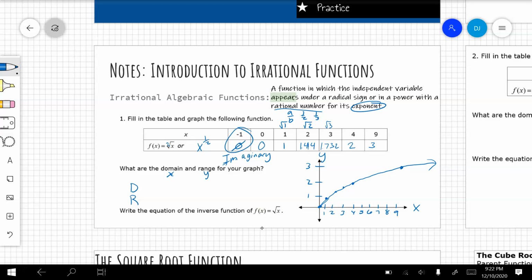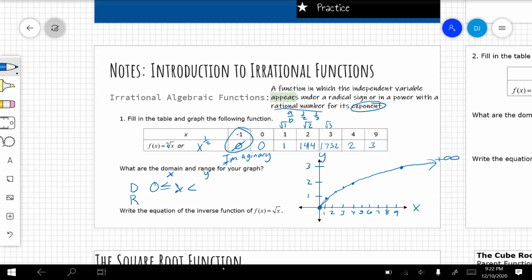Now, when we're looking for the domain and range, we want to look for the lowest x value to start off. Our lowest x value in this case is going to be 0. And because we're using inequality notation, we can set it equal to 0 on this one because it is a solid circle. x is greater than or equal to 0, and less than, not equal to, infinity, because our greatest goes all the way to positive infinity.